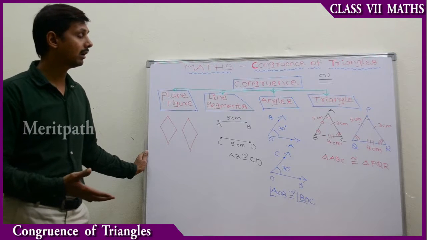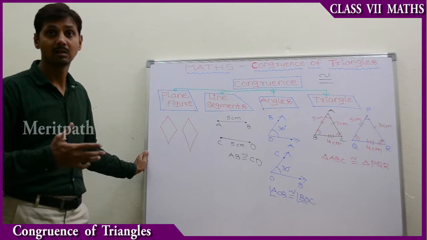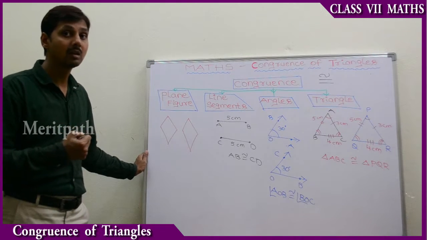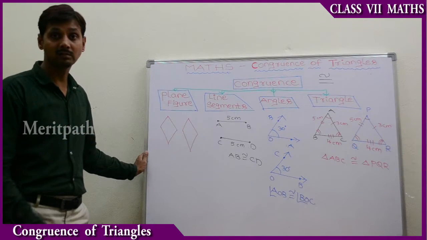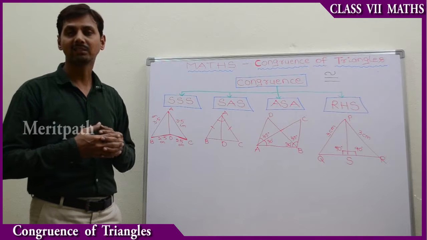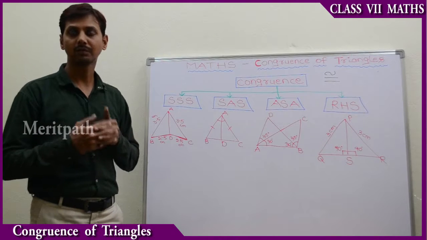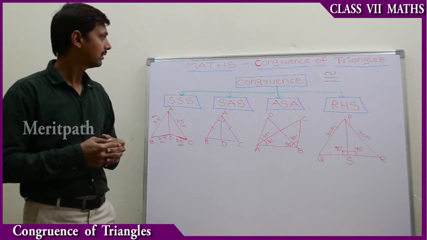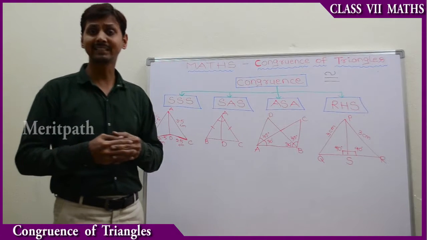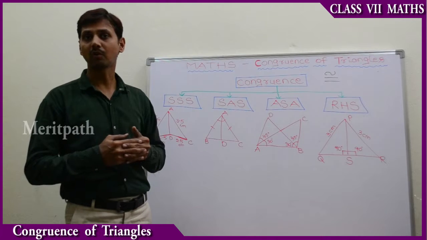Let us go to the triangles and its different types of congruency rules, different criteria about the congruency of triangles. Up to now we have discussed congruency of figures and congruency of triangles, and now let's discuss the criteria of congruency of triangles.